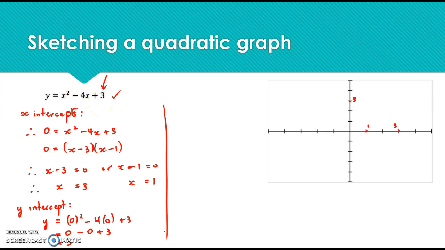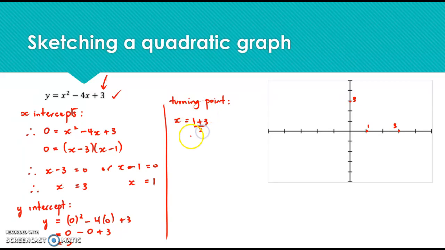Our third point of interest is our turning point. Now a turning point is made up of an x-coordinate and a y-coordinate, and initially it's easiest to find the x-coordinate. So a couple of ways we can do this. We can just go to the point halfway between our two x-intercepts. So our first x-intercept is 1 and our second is 3.